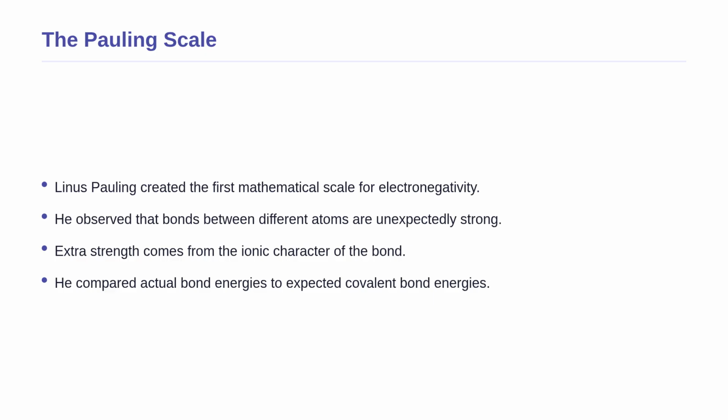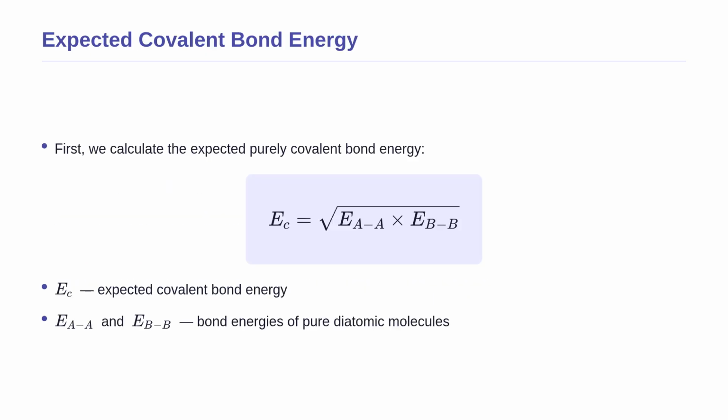baseline. To find that theoretical baseline, Pauling used this specific formula. Conceptually, if we want to know exactly how strong a perfectly equal 100% covalent bond between atom A and atom B should be, we look at the pure bonds of A with A and B with B. The symbol E sub C represents this expected covalent bond energy.